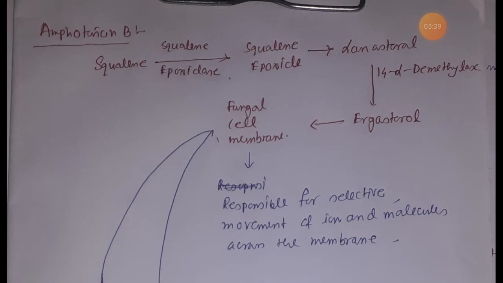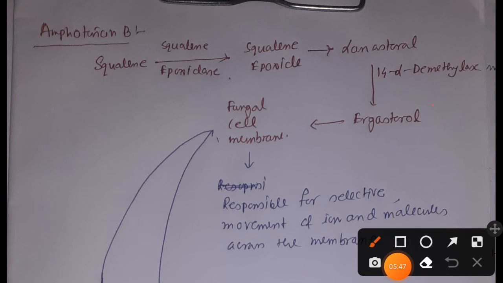Again, Amphotericin B is a cell membrane inhibitor. It interacts hydrophobically with ergosterol, which is responsible for the formation of the cell membrane, and the cell membrane provides selective permeability. Various ions, let's say potassium ions, and other molecules are released from the cell.